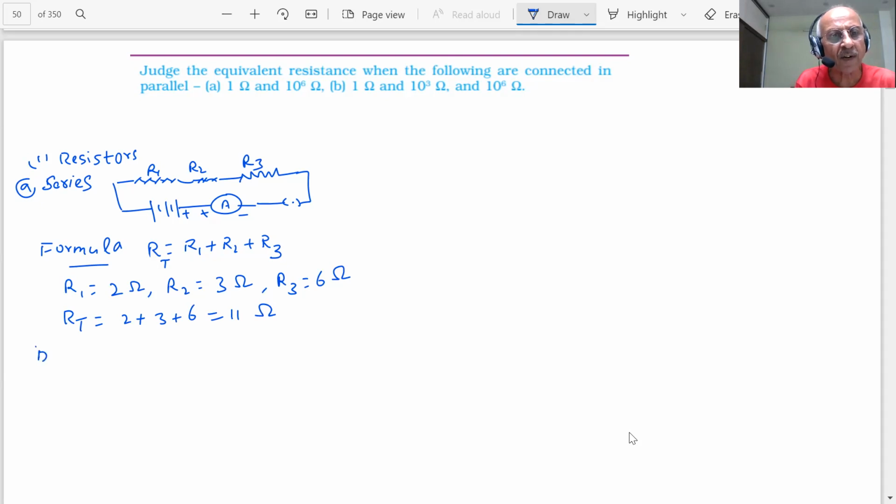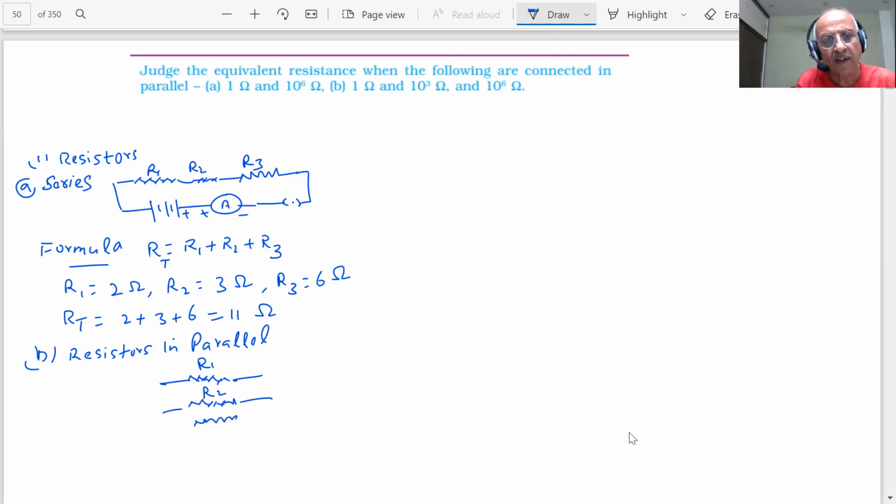Next, students, if I connect the resistors in parallel, how do you connect the resistors in parallel? If I have a resistor, this is my R1, this is my R2, and this is R3.